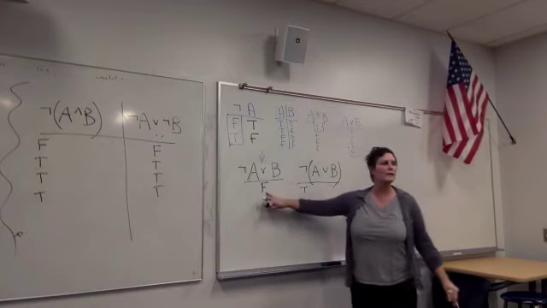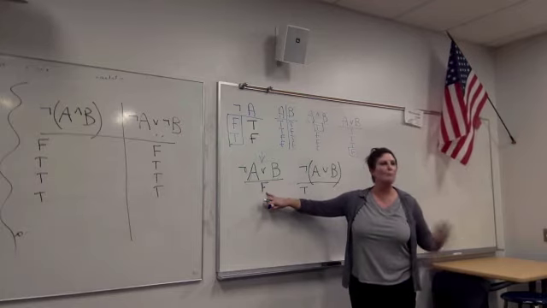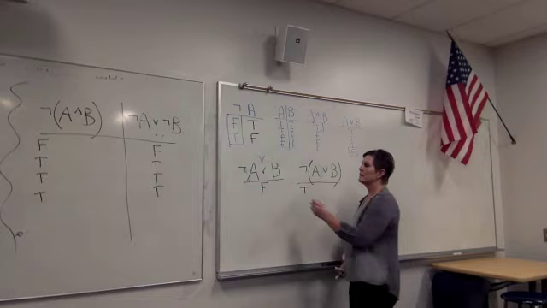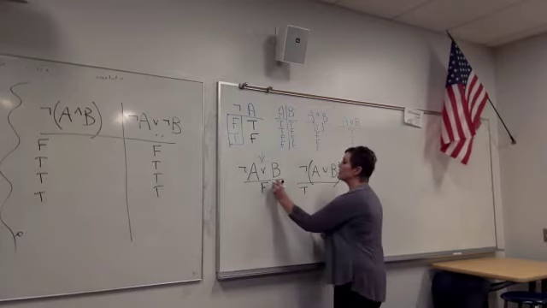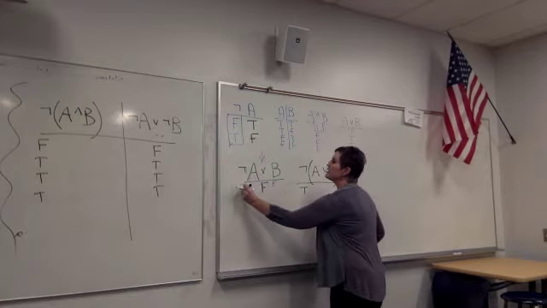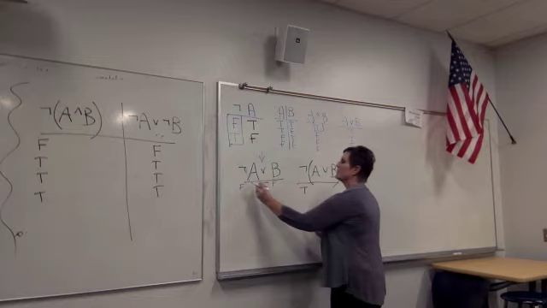So if the or is false and the or is the main connective, what must be the case? B must be false and not A must be false, which means A must be true.